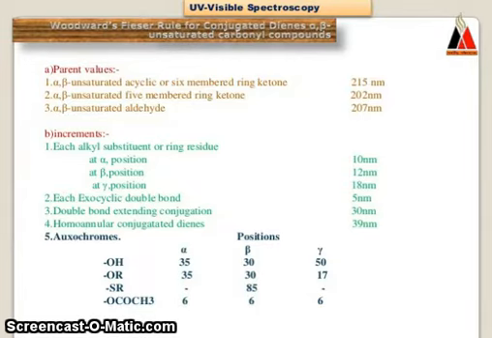Increments: each alkyl substituent or ring residue at alpha position 10, at beta position 12 and gamma position 18 nanometer. Each exocyclic double bond 5 nanometer, double bond extending conjugation 30 nanometer, homoannular conjugated dienes 39 nanometer, auxochromes by position alpha, beta, gamma: OH, OR, SR, you can see 35, 30, 50, 35, 30, 70 and so on.